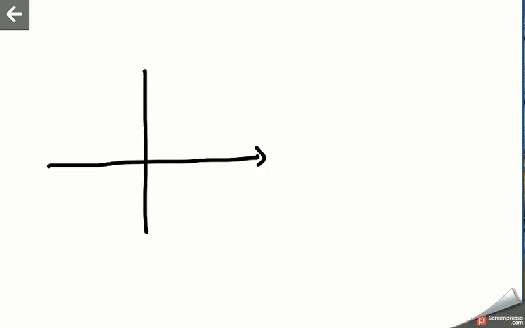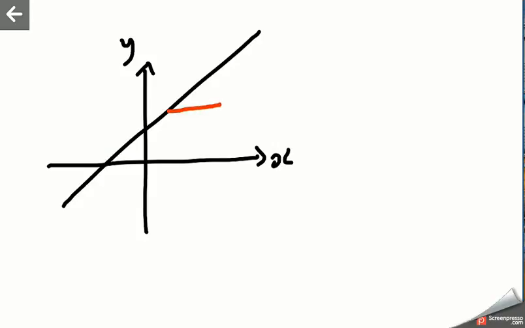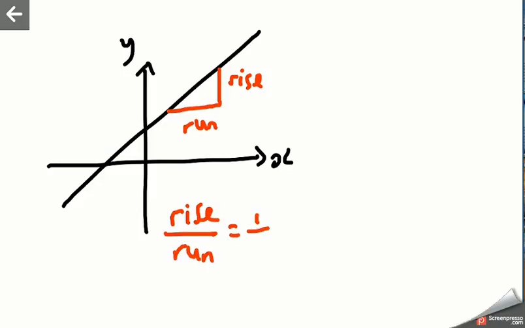So, suppose I have a line, x, y. Suppose this is my line, and this is the run and this is the rise. I tell you right now that rise divided by run is equal to, looks like, I don't know, a half.